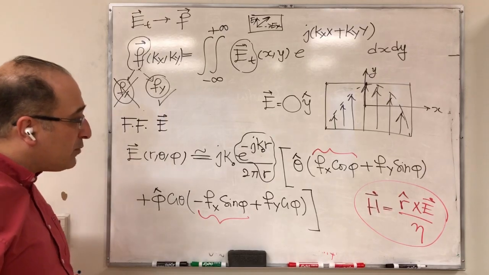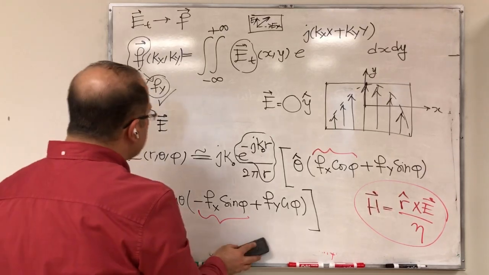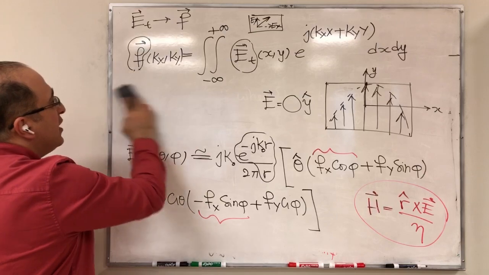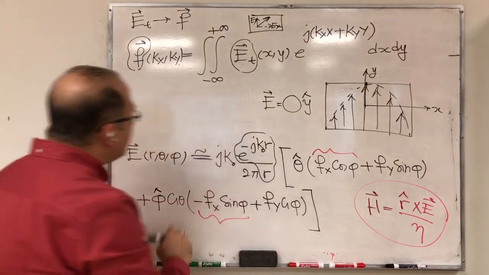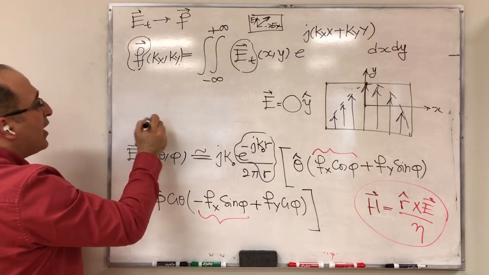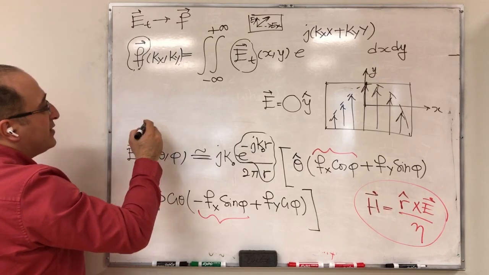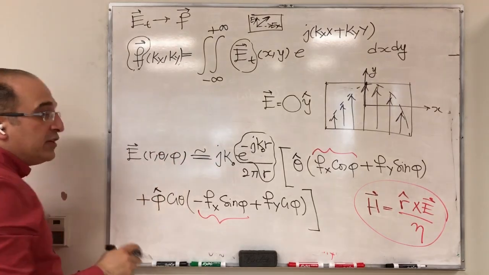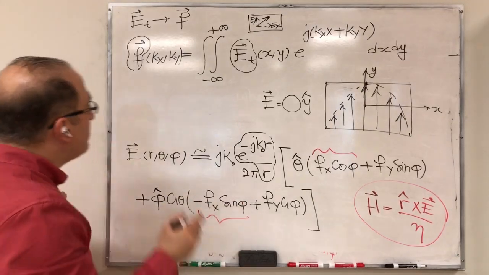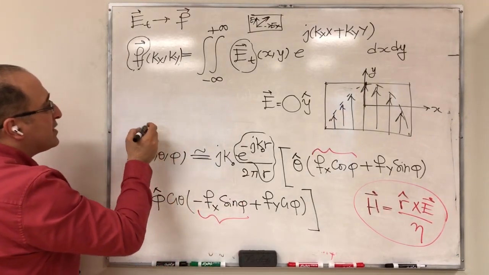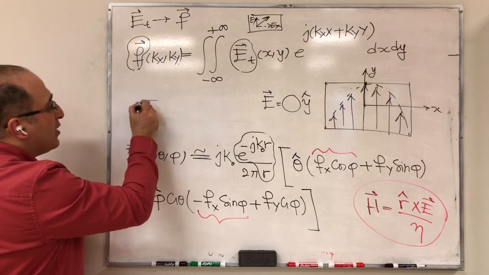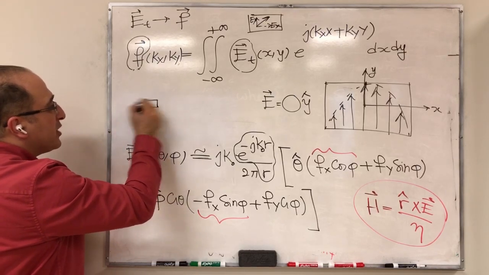So that's a big insight, because you could essentially use this to understand that if you want, for example, to have a very directive antenna in the far field, you need to have a bigger aperture. Remember, I'll go by two extremes. A very small aperture, a tiny aperture.